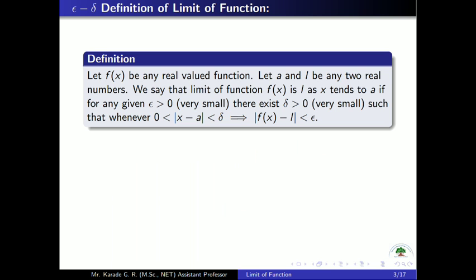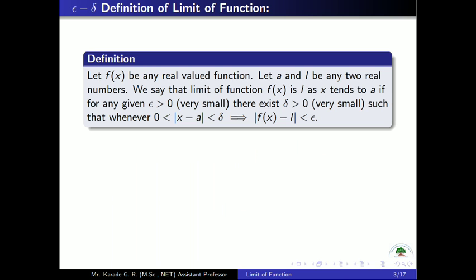So we say that limit of function f of x is L as x tends to a if for any given epsilon greater than 0, very small, there exists a delta greater than 0, also very small, such that whenever mod of x minus a is greater than 0 and less than delta, this must imply that mod of f of x minus L is less than epsilon.